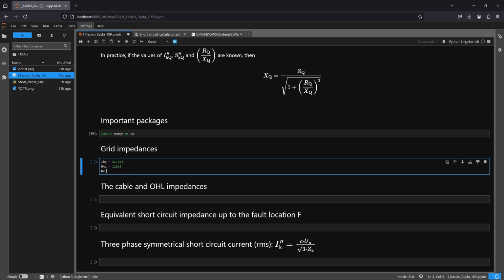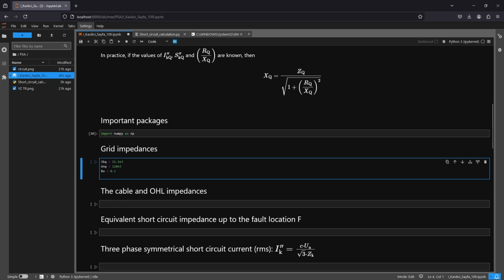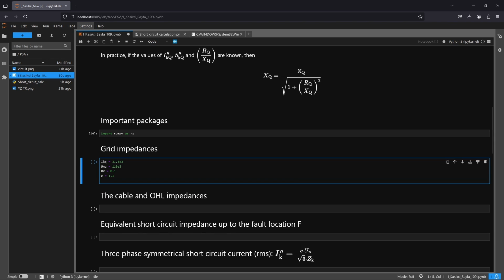RX, that is R by X, the ratio, is 0.1. I will also take a factor c maximum of 1.1 for the grid.